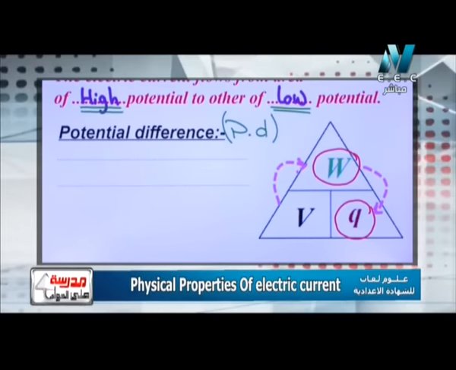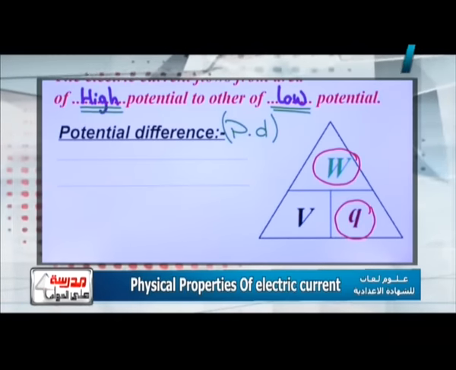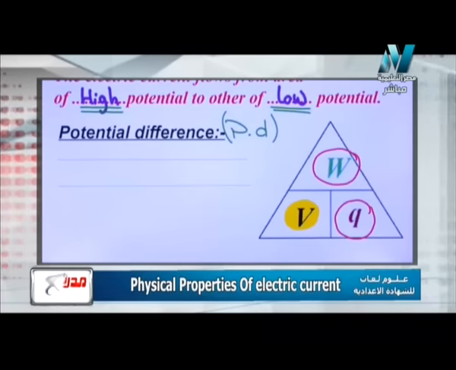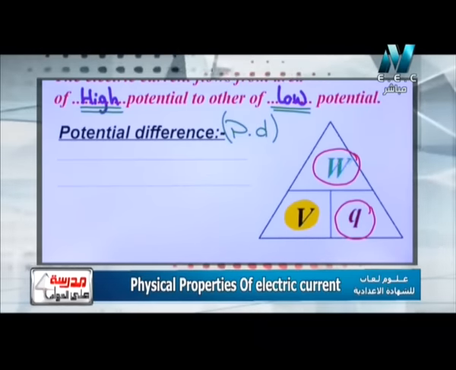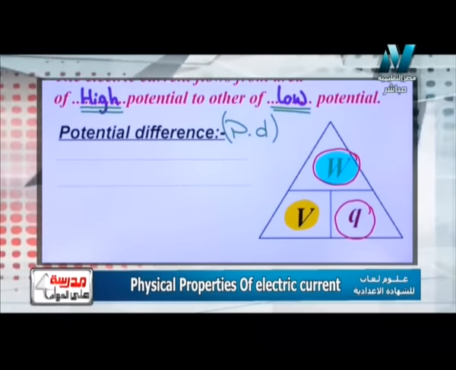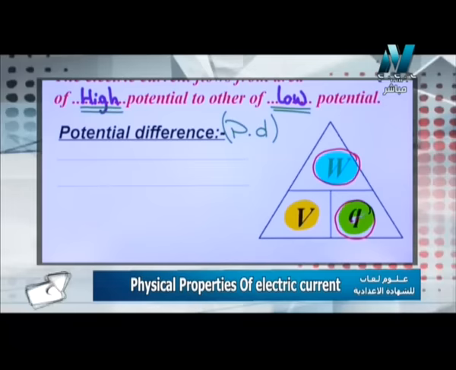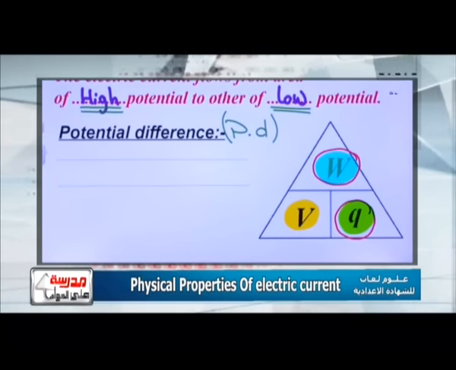Again, what is meant by potential difference? مش هقولها في الديفينيشن. هقول له بقى ايه؟ Two other quantities. It is work done. It is what? Work done to, yes, transfer a quantity of electric charge. يبقى we know now what is meant by potential difference.